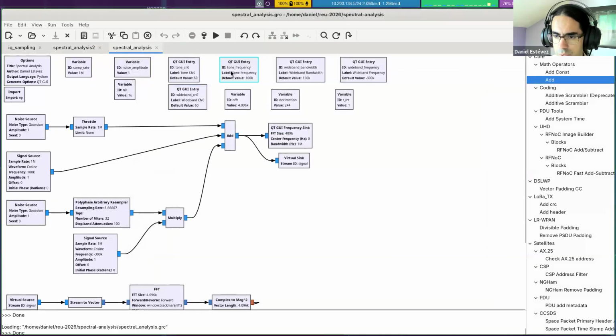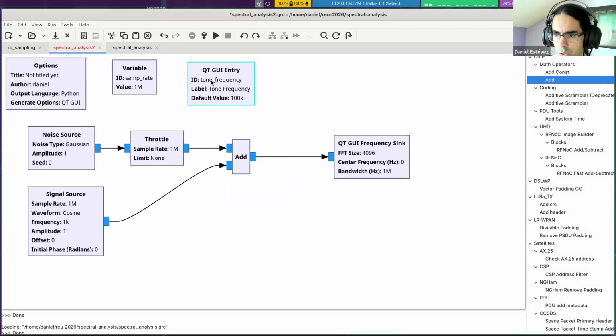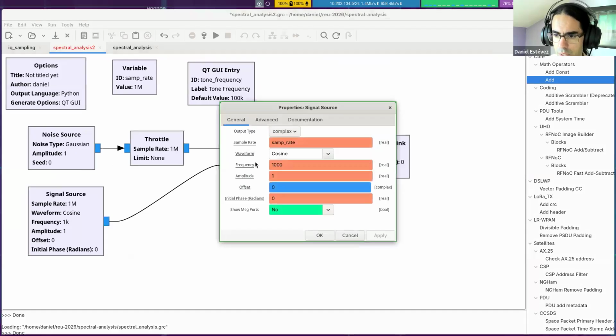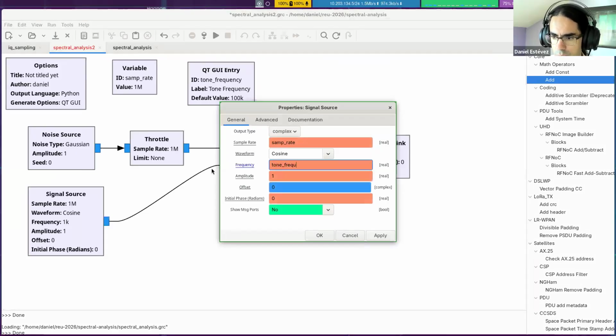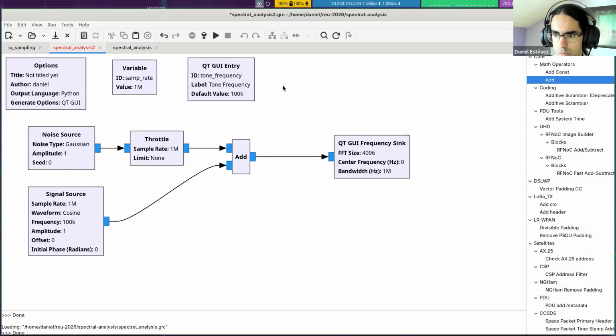To save me some typing, I don't want to go and type tone frequency, set default values, but this is a QT GUI entry to set the tone frequency. So in this way, we can edit the frequency. However, when we speak about power of the signal or the signal to noise ratio, there are different ways to measure it. And the way which I'm going to introduce, I think is the most convenient one for most use cases.